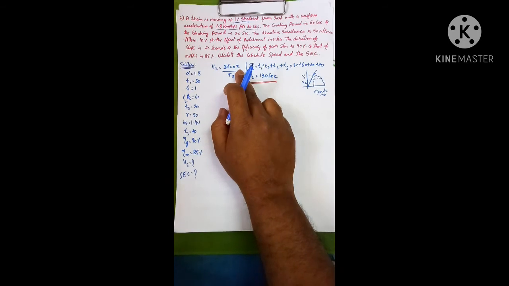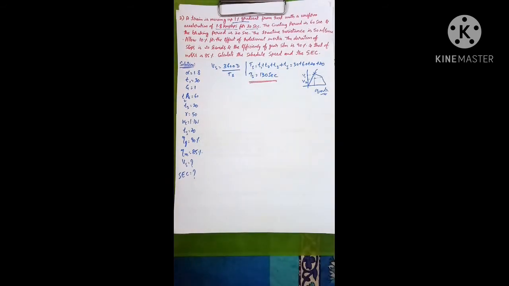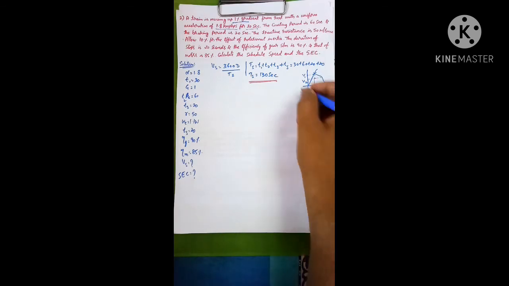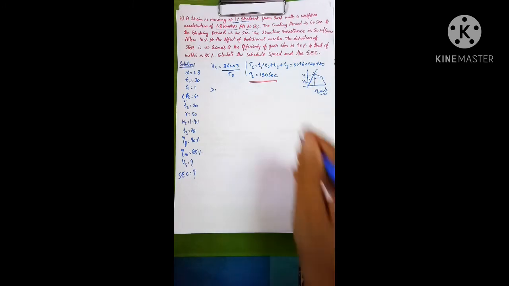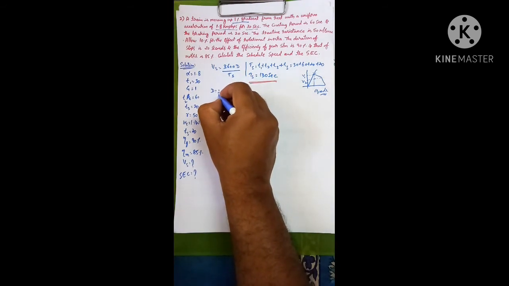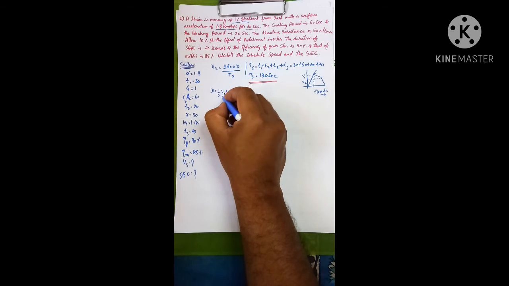Now let's find the distance d. How do we find the distance d? Using the quadrilateral, we have a formula. Just take the area of this and the area of this, which we already derived. Let me write that condition here: 1 by 2 V1 T1 by 3600.